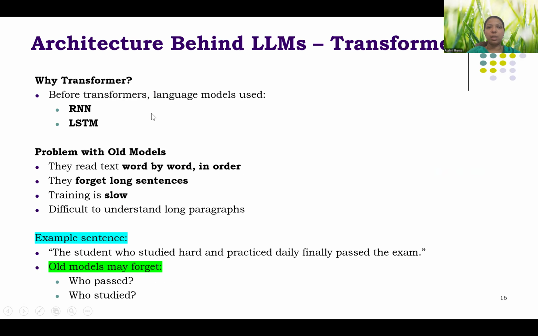Before the transformer, we were using RNN and LSTM, recurrent neural networks and long short-term memory. There are some problems with RNN and LSTM. They are able to remember only short things. They cannot remember older content or long sentences. They read word by word in order and then predict the next thing.